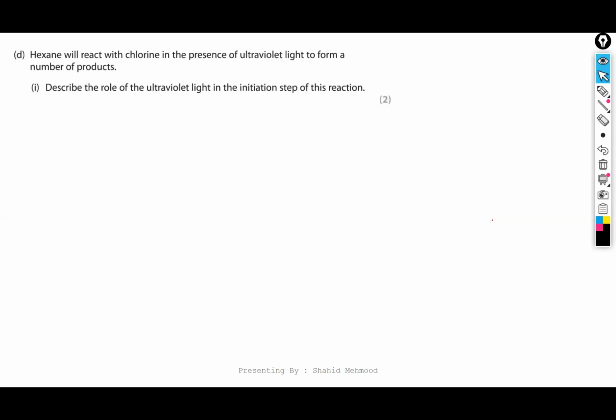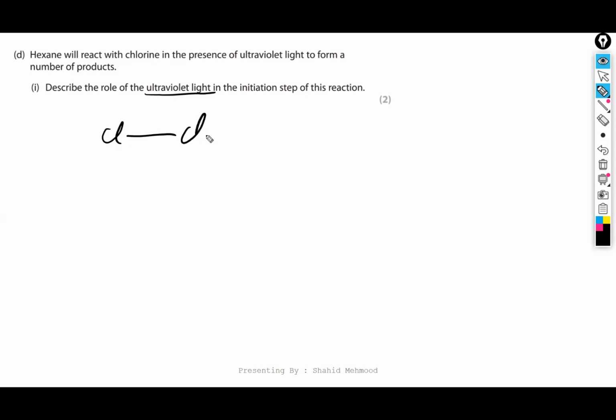Hexane will react with chlorine in the presence of ultraviolet light to form a number of products. Describe the role of ultraviolet light in the initiation step of this reaction. So this is a free radical substitution reaction in hexane, or in an alkane. We know that UV light is used in the initiation step because there is bond breaking.